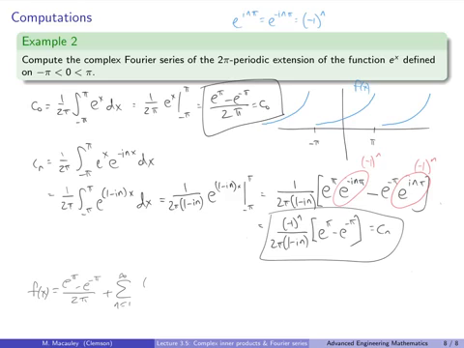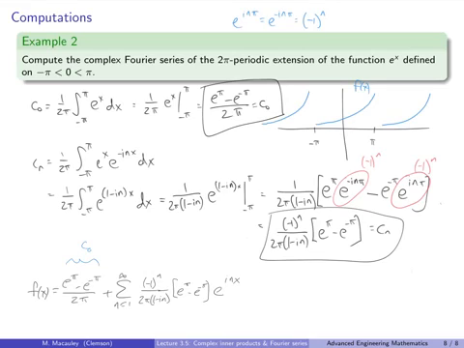Let me just remind you, this is c naught. And this first one is negative 1 to the n over 2 pi times 1 minus i n, times e to the pi minus e to the minus pi, times e to the i n x.